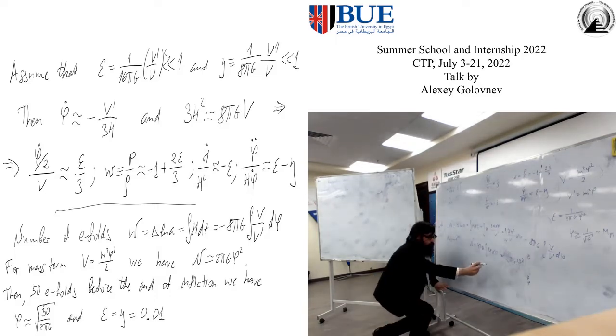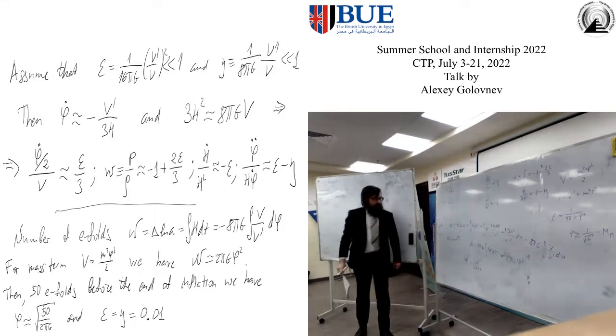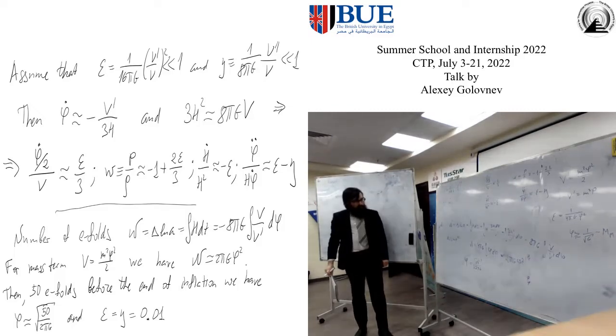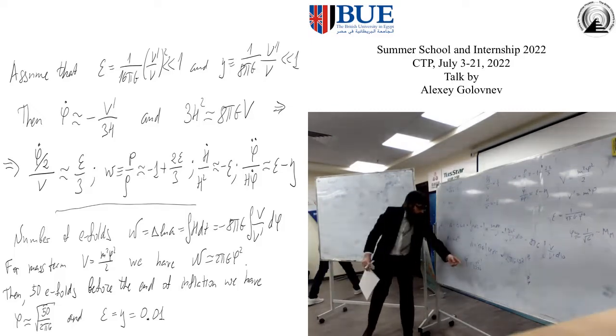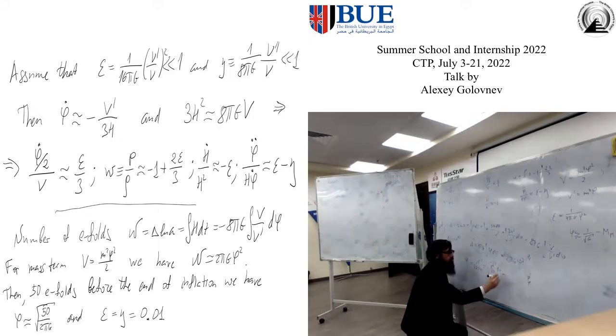So basically, I have to start the inflation from the value which is given by the square root of N over 2 pi G. That's the starting point I need. And I can also write it as square root of N over 2 pi times the Planck mass.